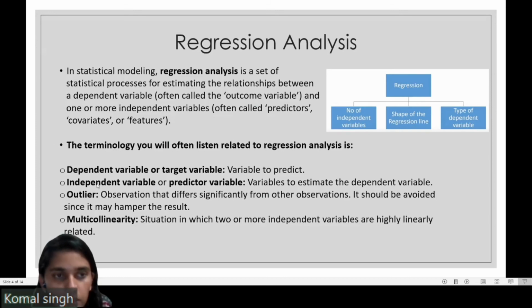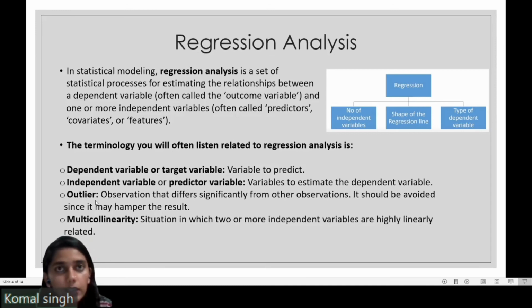Those factors are called independent variables, the variables used to estimate the dependent variable. Those factors depend on the one thing I have taken here as an example, annual sale.